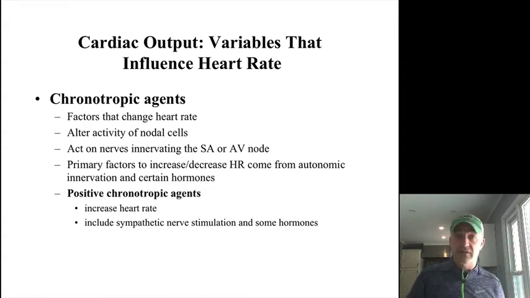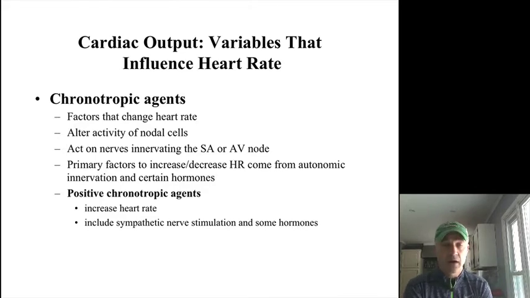These chronotropic agents I'm going to talk about in just a second influence blood pressure. A chronotropic agent, with the prefix chrono, means time. So these are things that influence heart rate or change how quickly the heart beats. It's messing with the timing of the heart rate.